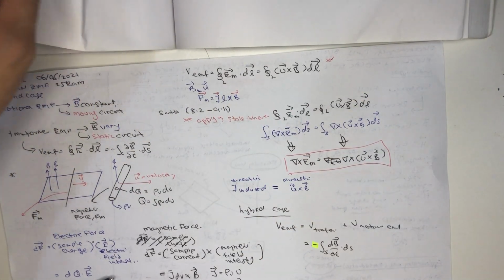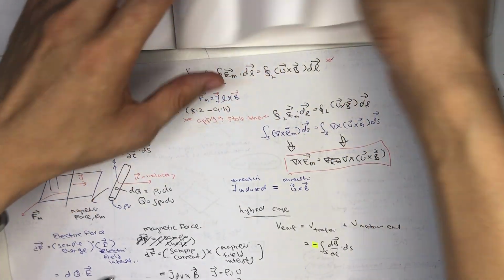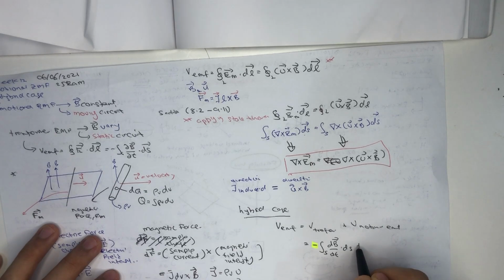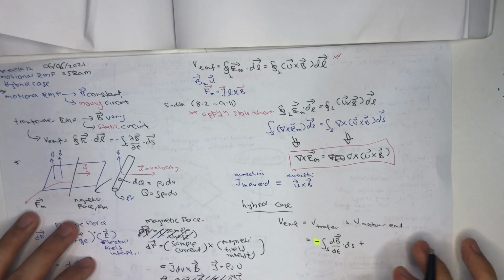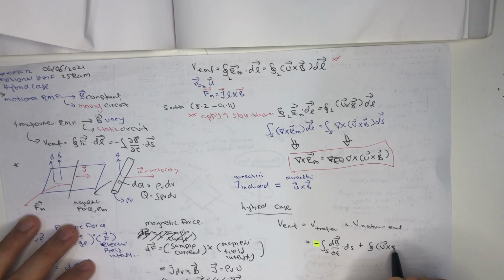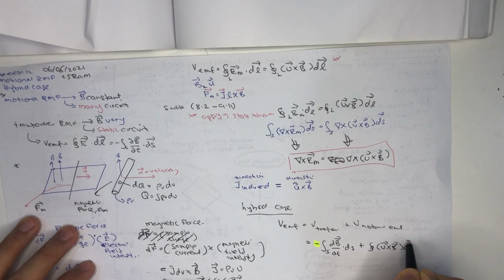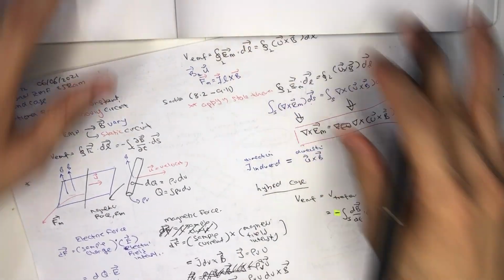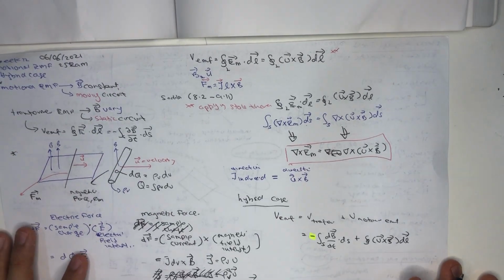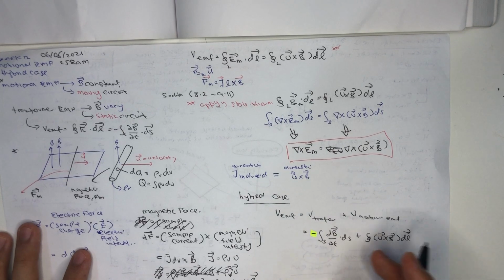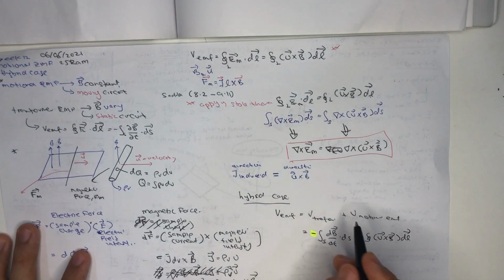And then the contribution from the motional EMF, which is the closed integral of u cross B dl. So this is just a combination of transformer and motional EMF.